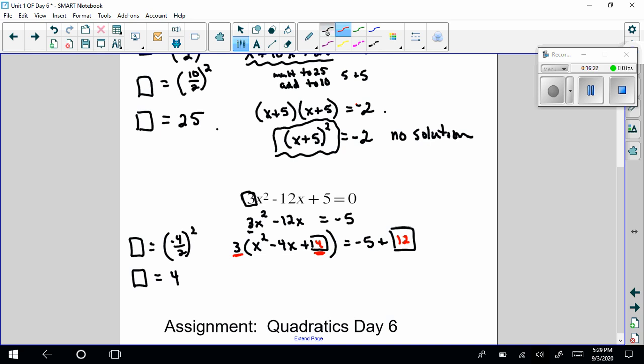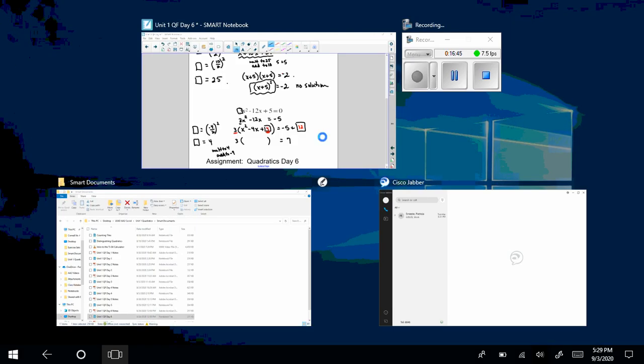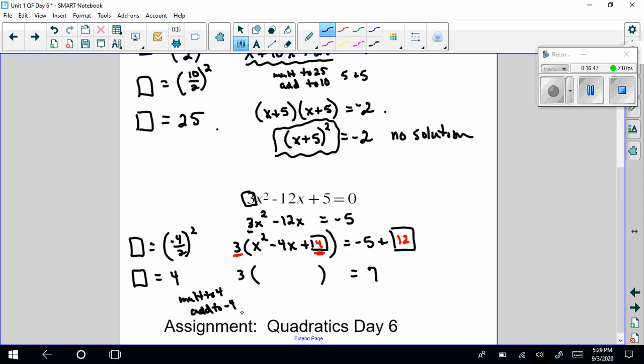So now I have 3 times something equals 7. So I have to multiply to positive 4 and add to negative 4, if I factor that trinomial. So that's going to be a negative 2 and a negative 2.